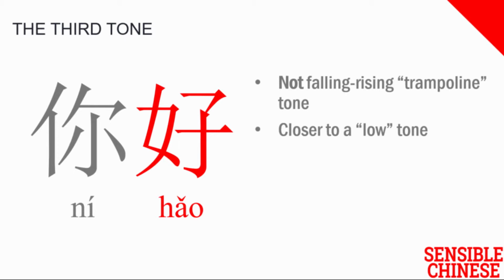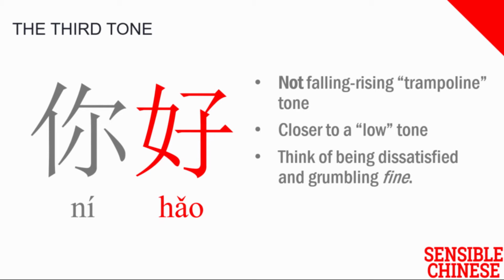Without a syllable, the third tone almost sounds like a grumble, deep down in the throat. Make the noise in the back of your throat as if you are discontented. Imagine being forced to accept something you don't want to and saying, fine. That growled low tone on the fine is like the third tone in Chinese. Applied to the hao sound, the third tone sounds like hao.